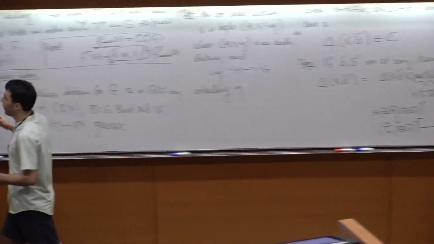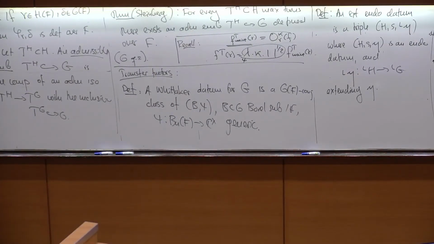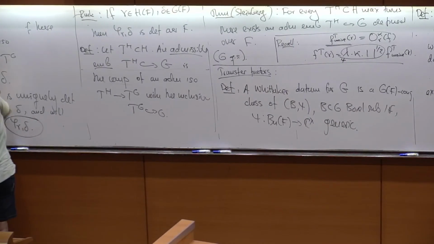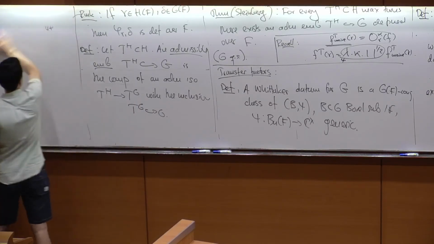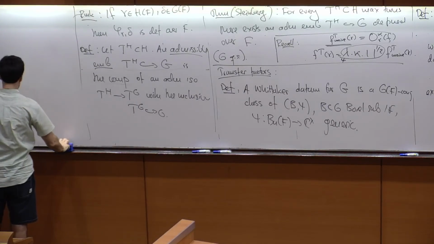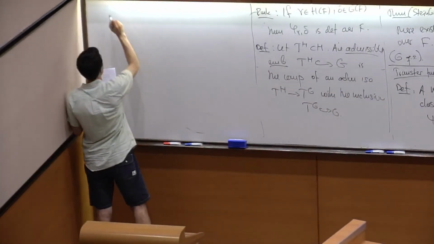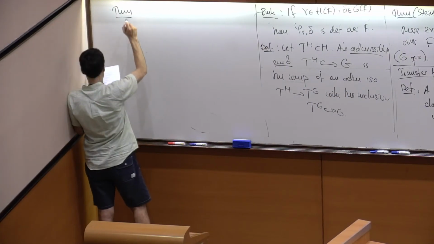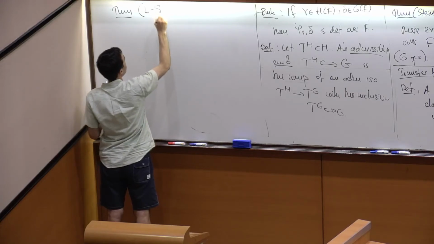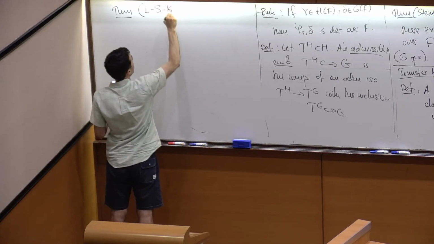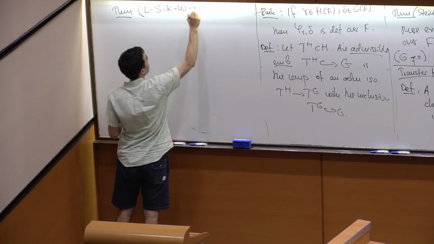Okay, and then once we have this, there is a big theorem that I have to write down. The big theorem is the following. And there are many names here: Langlands, Shelstad, Kottwitz, Waldspurger, Ngo.